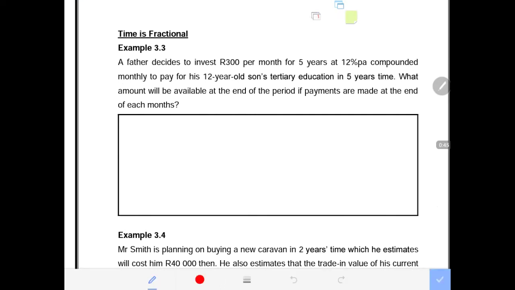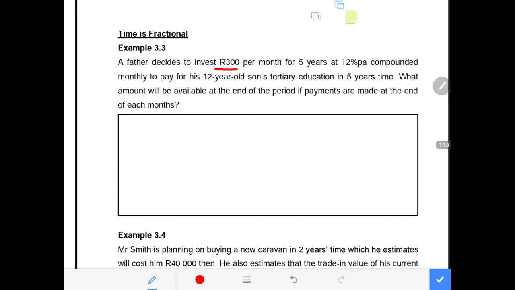Now, it says a father decides to invest 300 rands per month for 5 years at 12% per annum compounded monthly to pay for his 12-year-old son's tertiary education in 5 years.